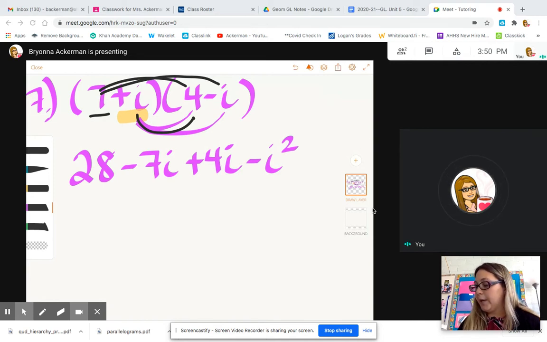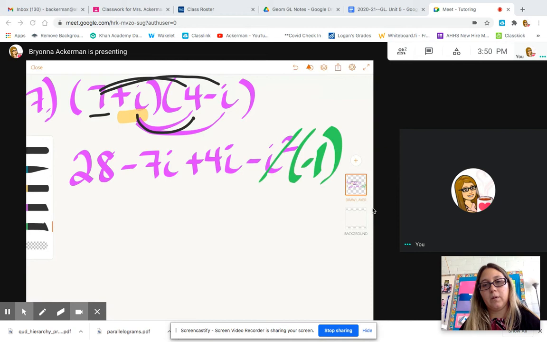So again, as soon as you see that i squared, you should be thinking i squared is replaced with negative 1. And so since i squared is negative 1, but we already had a negative here, and then a negative here, we actually get a plus 1. So now that's a real number. We're going to take a real number plus the other real number.